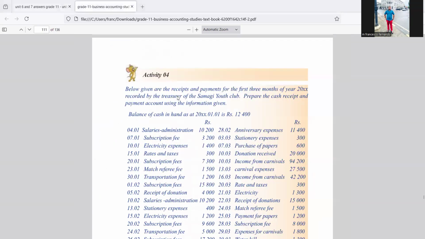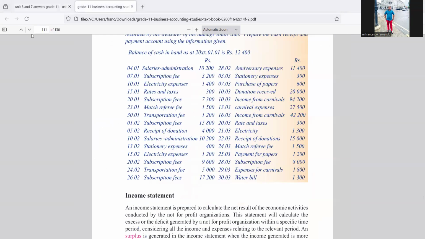Then if we move to activity 4, here what you have to do, now if you see here, subscription fees is recorded more than 6 times. So you have to add all this amount together and enter only one amount.